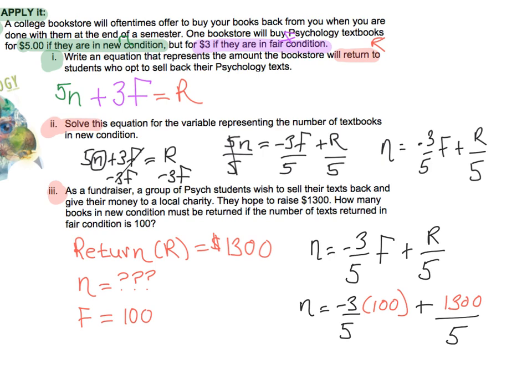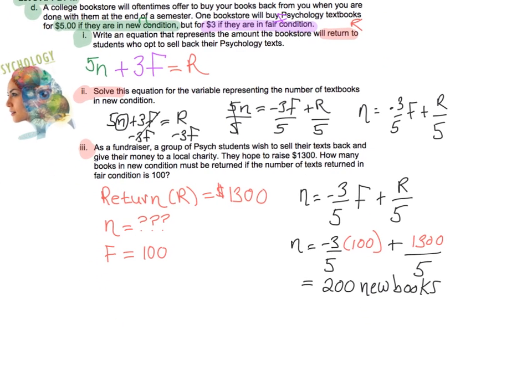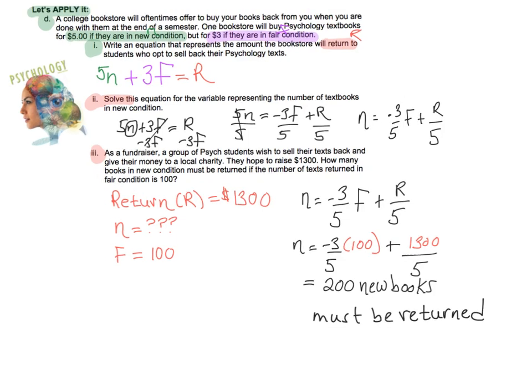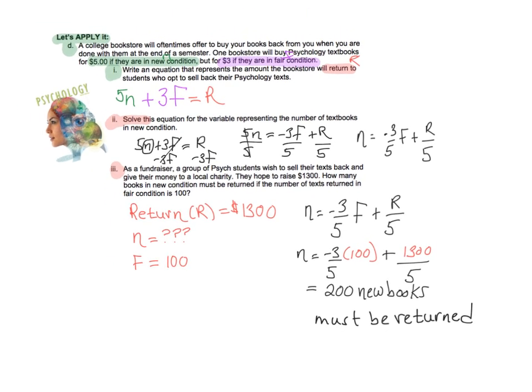Basically taking 1,000 divided by 5. Looks like we're going to get 200 new books must be returned. That's a little bit of algebra helping you solve a problem.